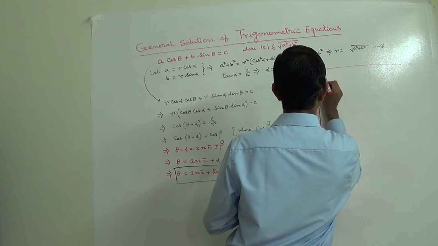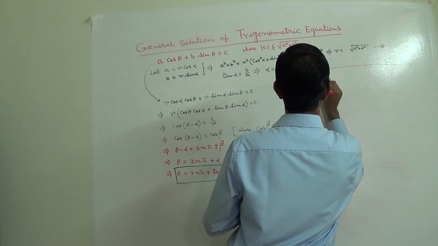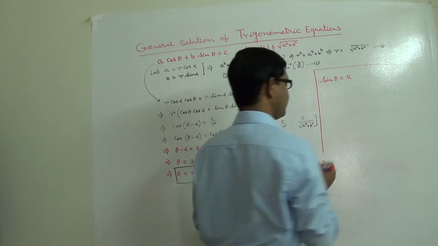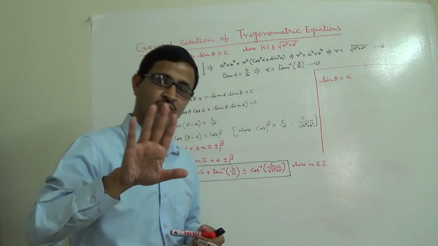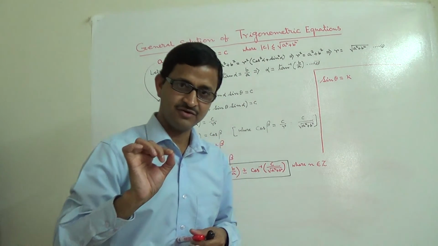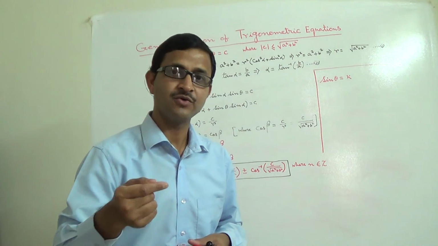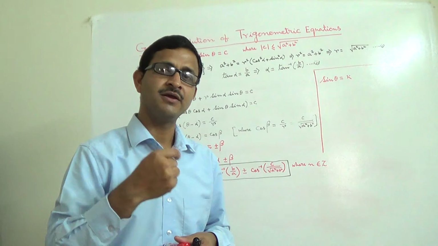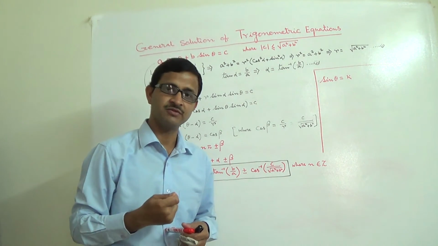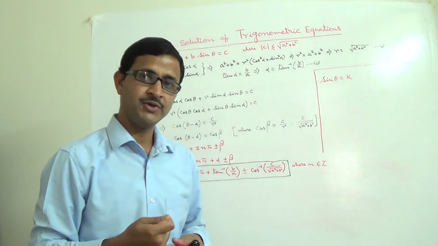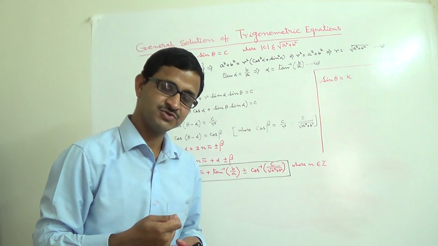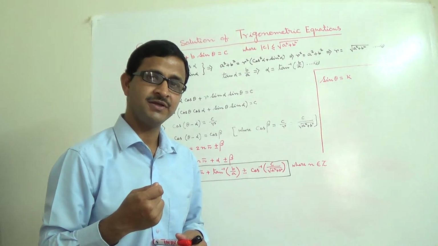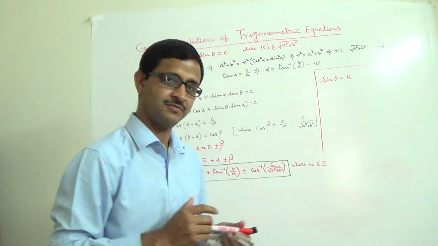So if I have sin theta equals k, where k is a known value and theta is an unknown value whose value we are going to compute by means of this trigonometric equation. But a solution is possible, that is, we can have the value of theta, only when k is in between -1 and +1.